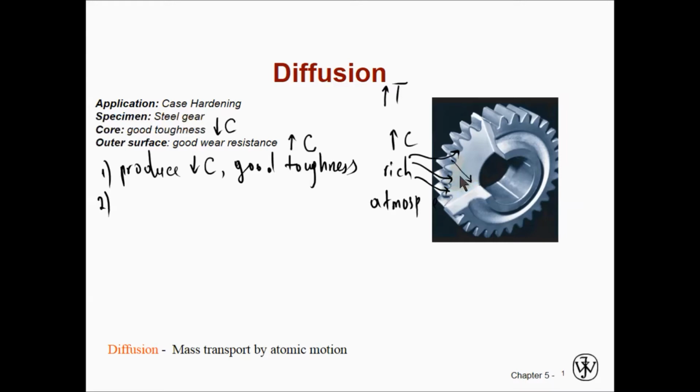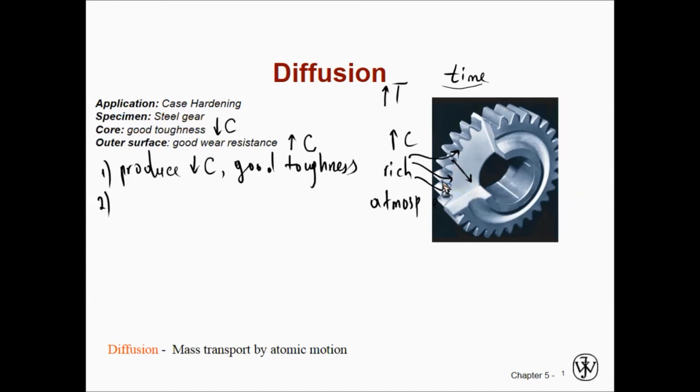We can control this carbon concentration by controlling time. If I don't want carbon atoms to go deep into the core, I will keep time shorter. So as a result, I have more carbon at the surface, less carbon at the core.